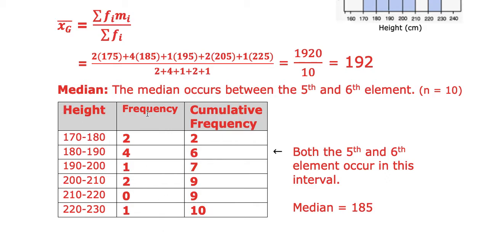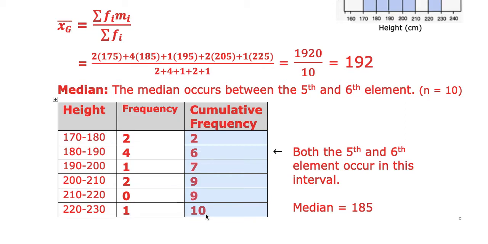If this is the frequency, the cumulative frequency is like a running total. So 2, and then we add 4 to make 6, we add 1 to make 7, add 2 to make 9, and so on. And we get a cumulative frequency of 10.